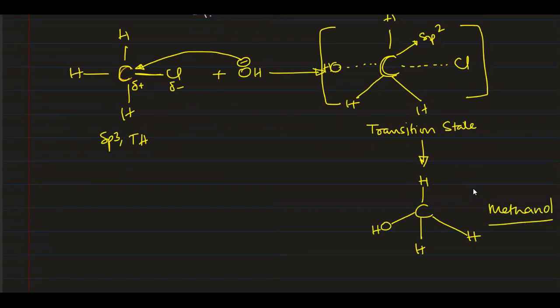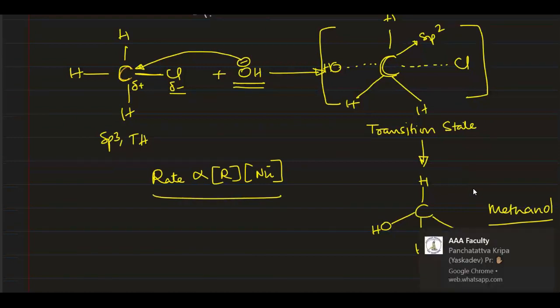So in this whole process, a strong nucleophile has replaced the weak nucleophile, and we have experimentally observed that the rate in such reactions is proportional to the concentration of reactant R and also the concentration of nucleophile. Here the nucleophile is OH minus.